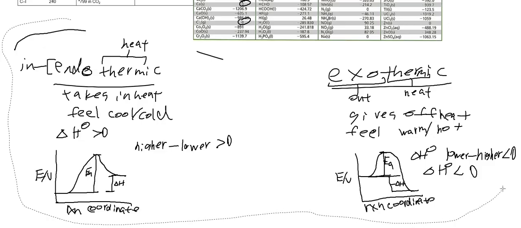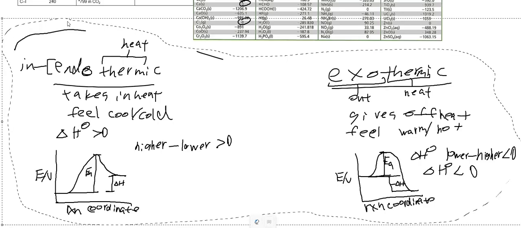So now let's talk about something core to this unit, calorimetry. Calorimetry is indirectly measuring the heat of reactions. Like I said, for this unit, we need to measure the surroundings because we cannot measure the system directly.